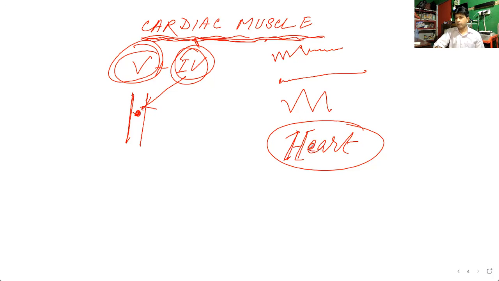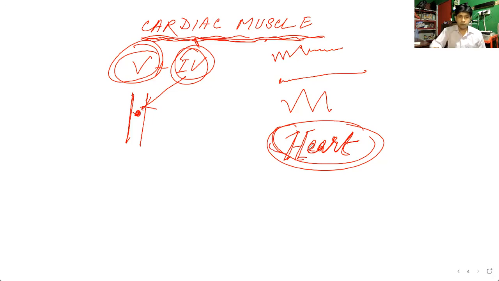So when a person is born, at that time the heart starts to beat, and when he or she dies, the heart stops beating. So the heart is made up of this cardiac muscle. That is why anything heart related is said as cardiac. For example, cardiography, cardiac failure. So like this, heart related topics.